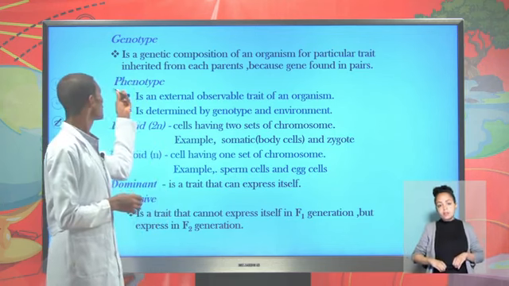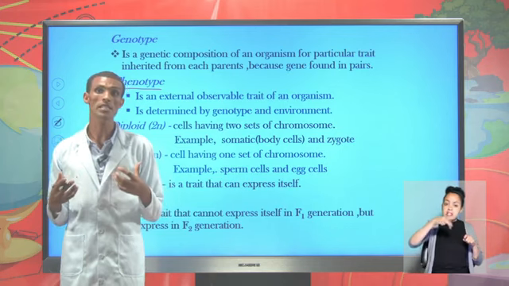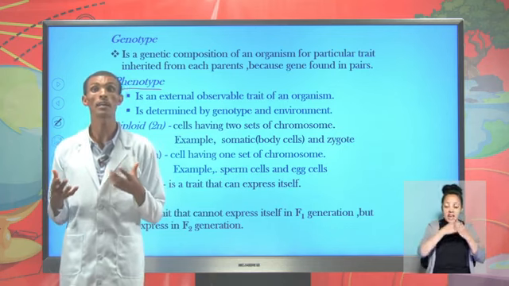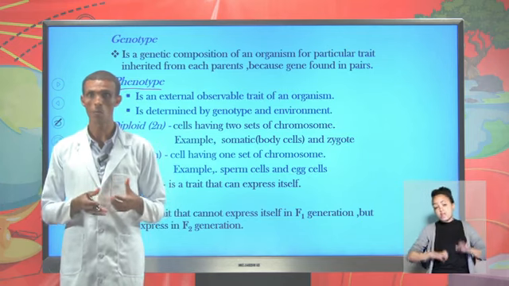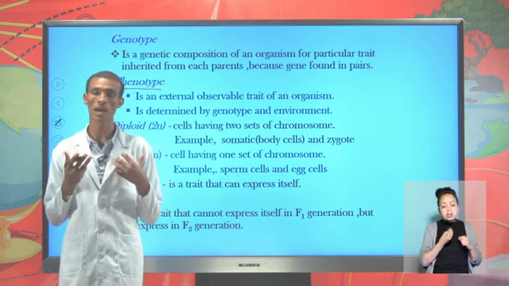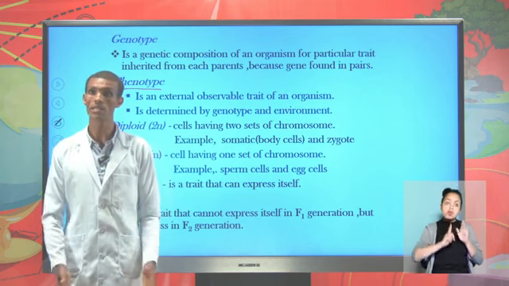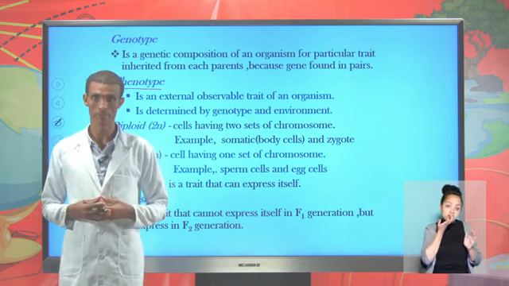Else, there is a phenotype again. When you say phenotype, it is the external physical observable character of a living organism. Externally, for example, we can say red, white, black, long, short, thin, fat.